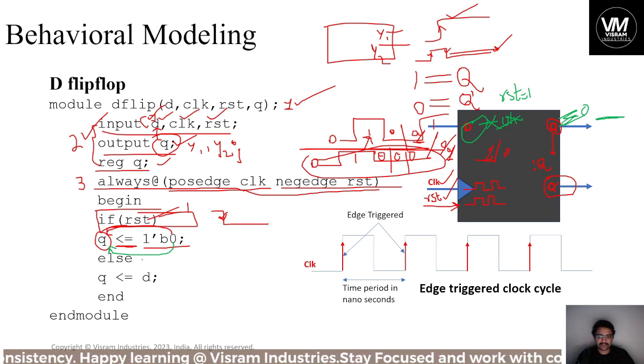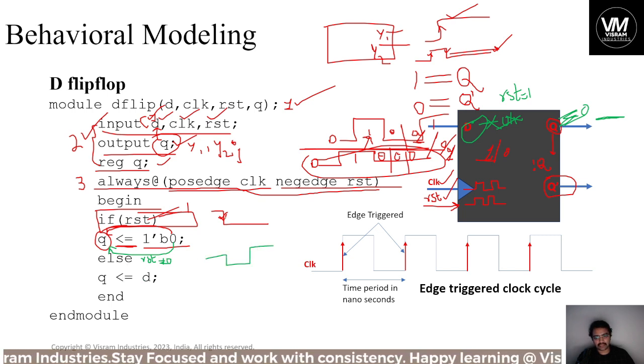Else, if reset is not equal to 1, else means opposite condition of the if. Else reset is not equal to 0. Then if reset is equal to 1 now, here reset is equal to 1. Then at the negative edge, fall edge, here Q is equal to 0.